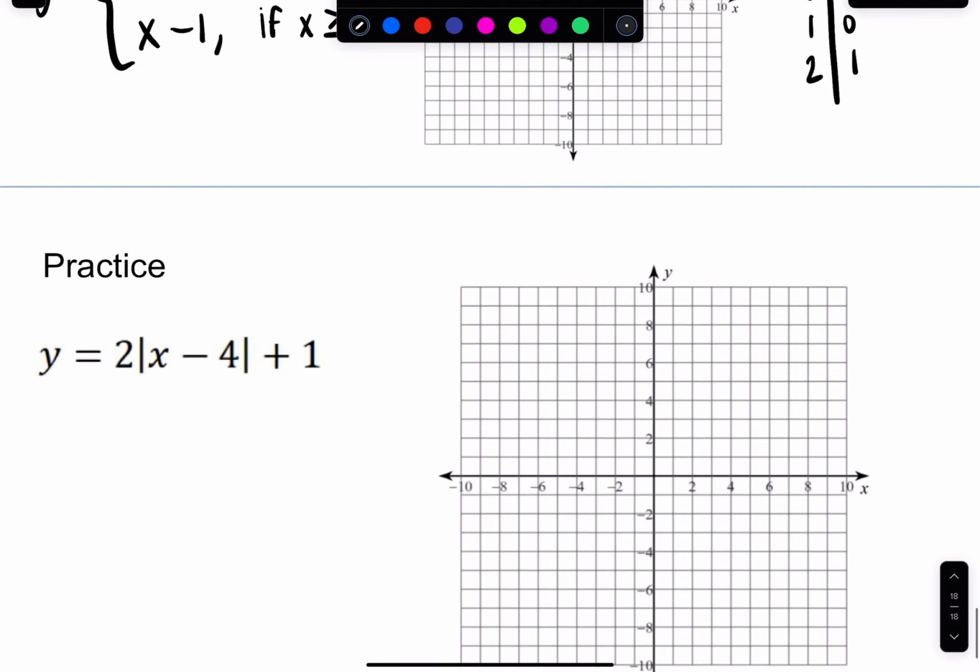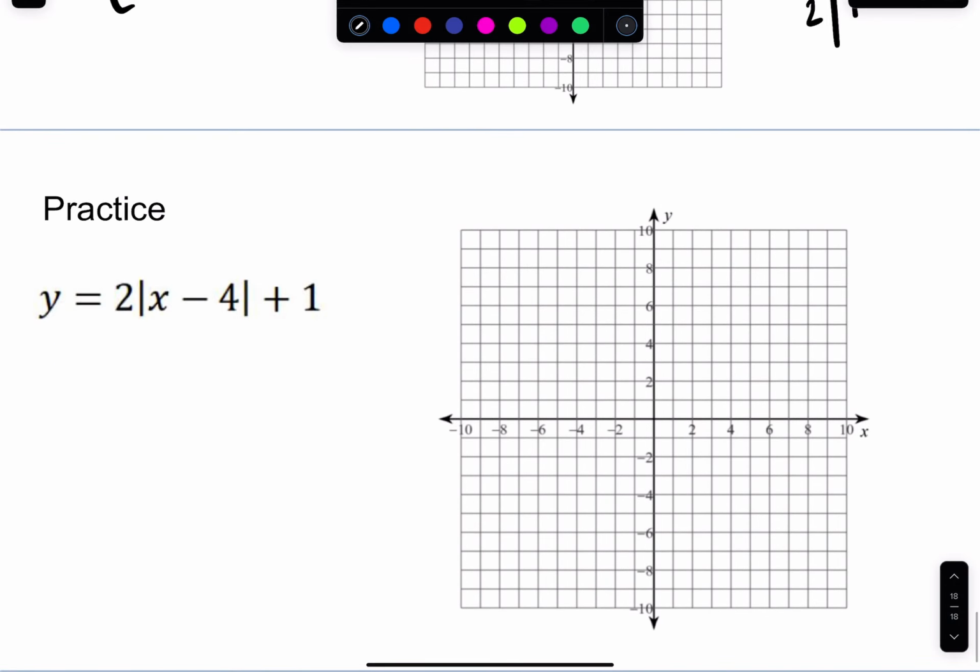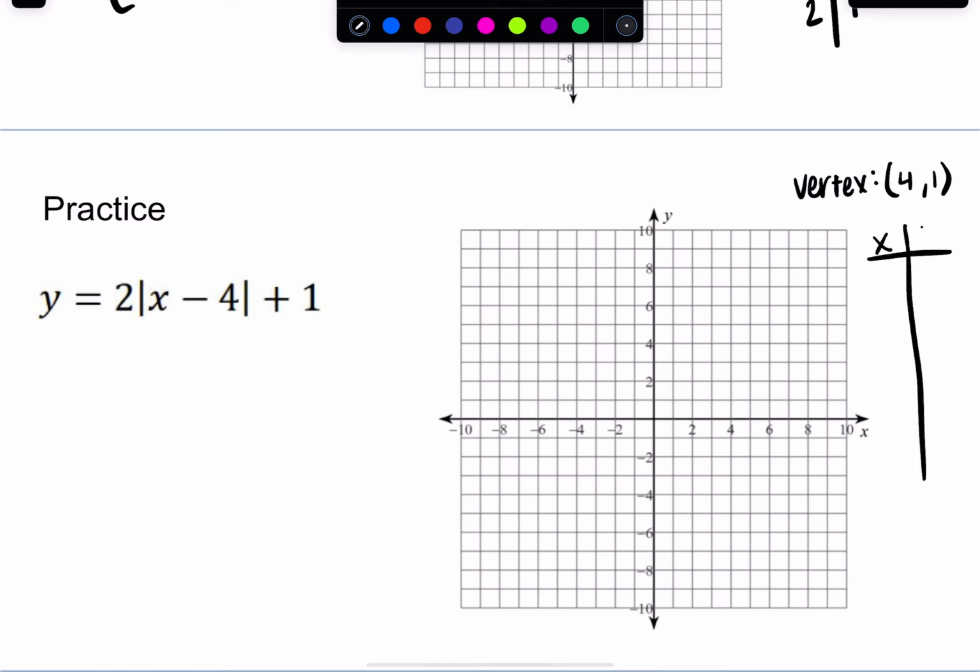All right, now the last practice problem, my vertex is at the point 4, 1. So in my table, I've got 4, 1, and then surrounding it, 3, 2, and 5, 6. So you're probably going to have to draw this, or write this out to simplify.